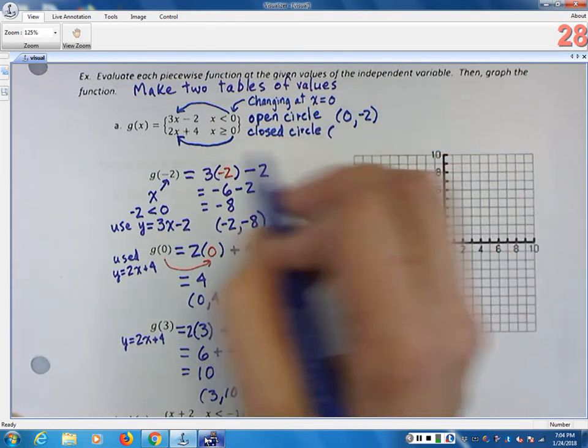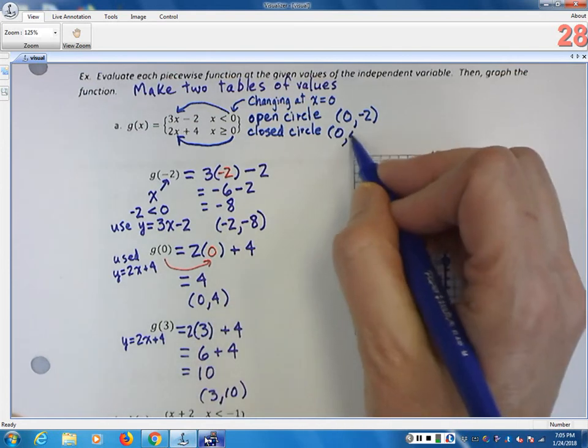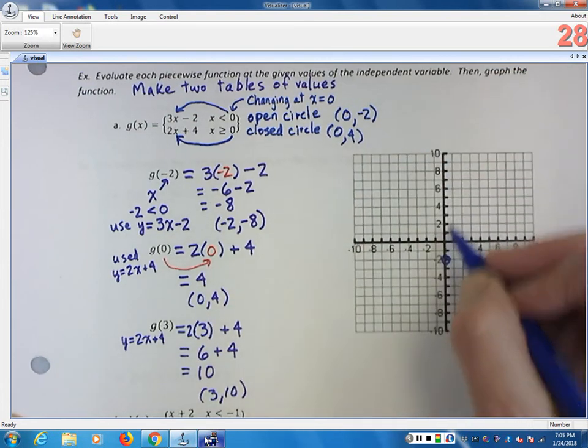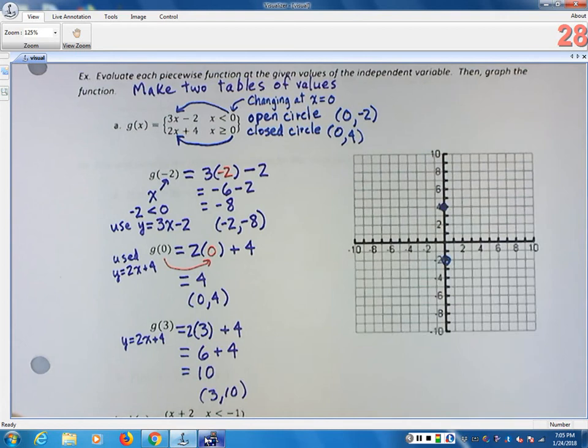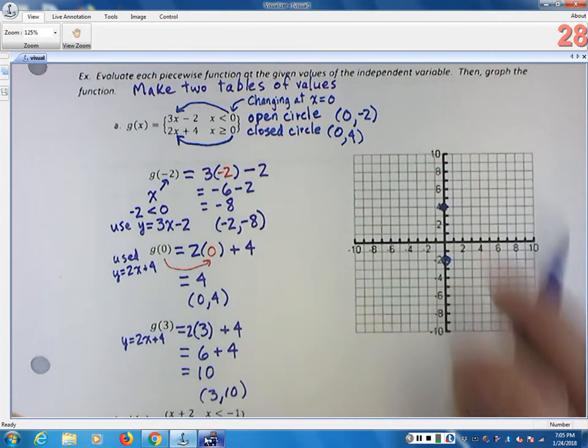And that's 0, and we already figured that out, 4. So we make a big closed circle up here. And it's on the line, it's where x equals 0.